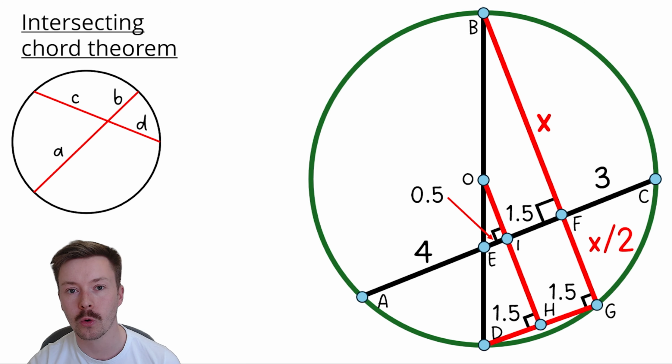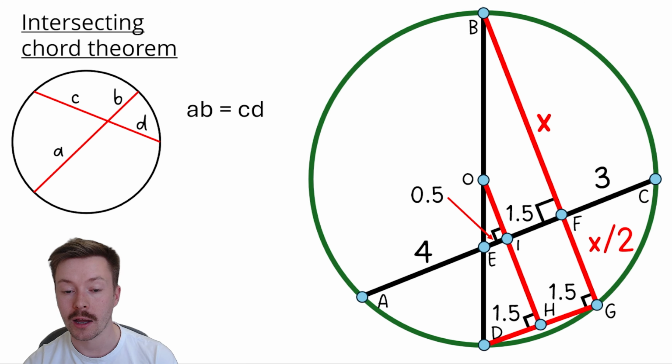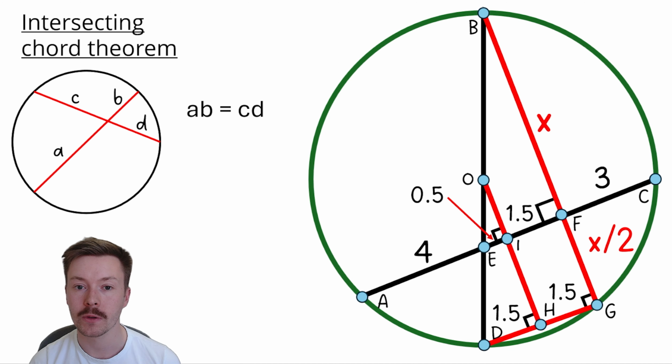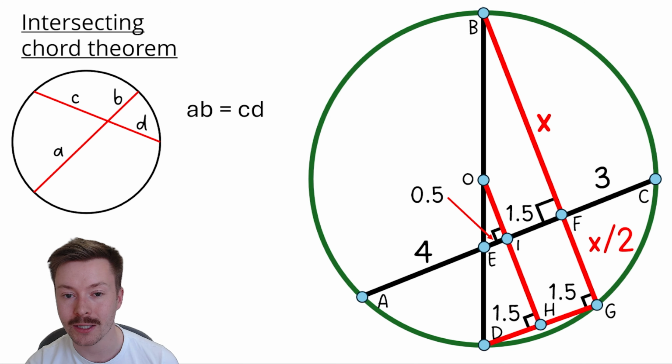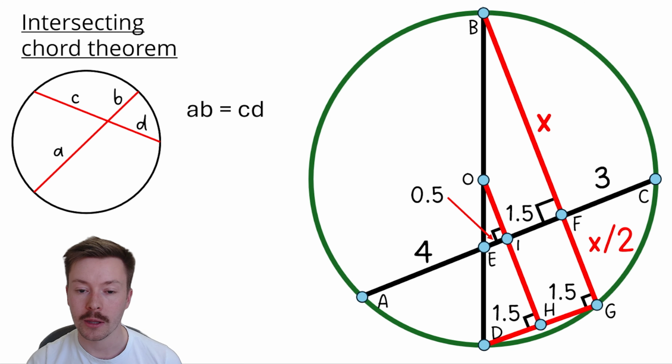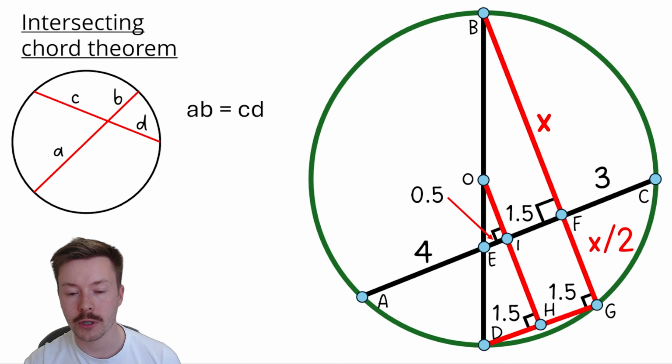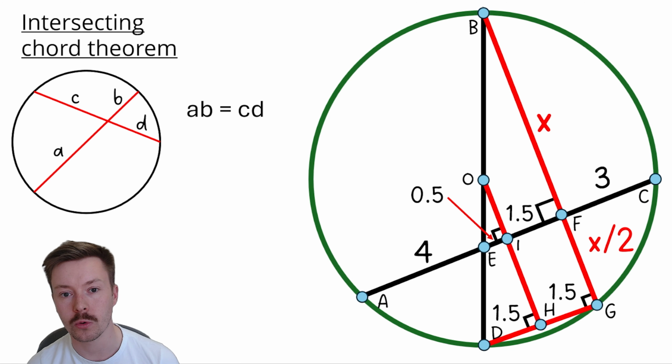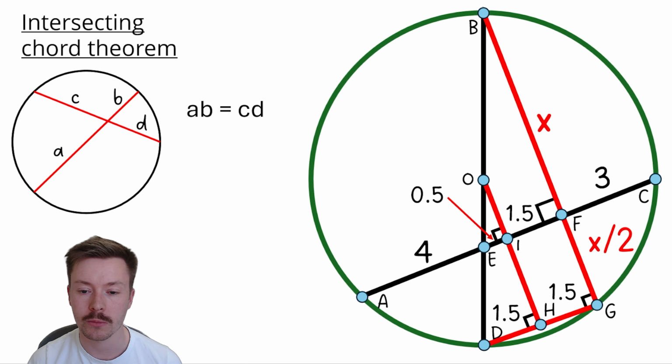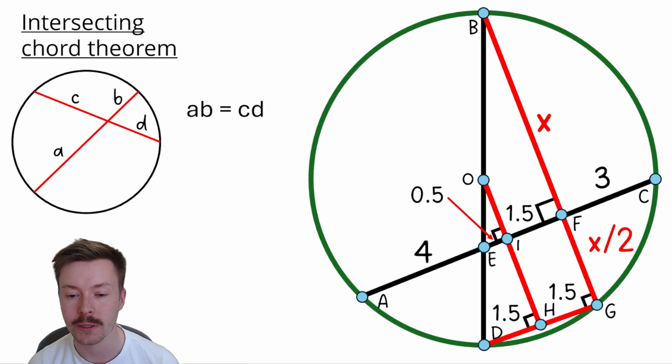Now, intersecting chord theorem states that if you've got a length A and a length B and C and D identified in this diagram, so circumference to the intersection point times by the other end of the line on the circumference to the intersection point equals circumference to intersection point times circumference to intersection point. AB is equal to CD.